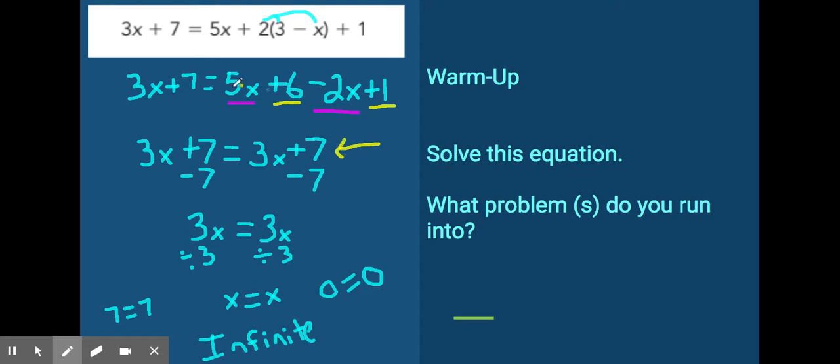Okay, so once you distribute and you combine like terms, you see you get the same exact thing on both sides. Well, those are still constants, right? So because those are exactly the same, I could have probably stopped here and said, okay, I have infinite solutions because I have two expressions that are exactly the same. Okay, so that's another thing you could have done also.